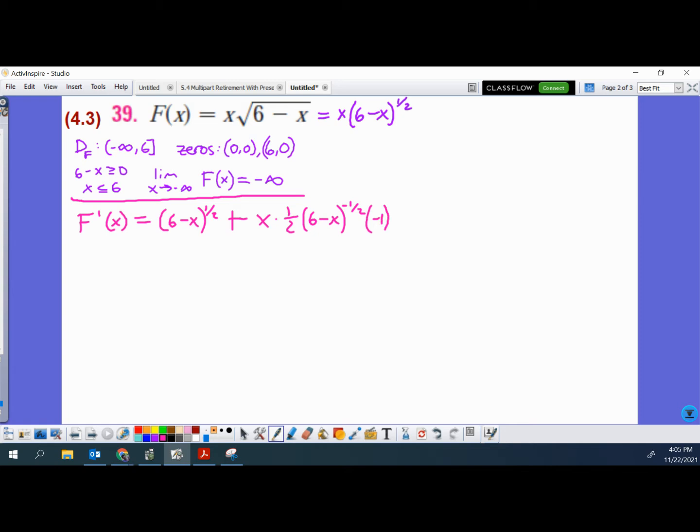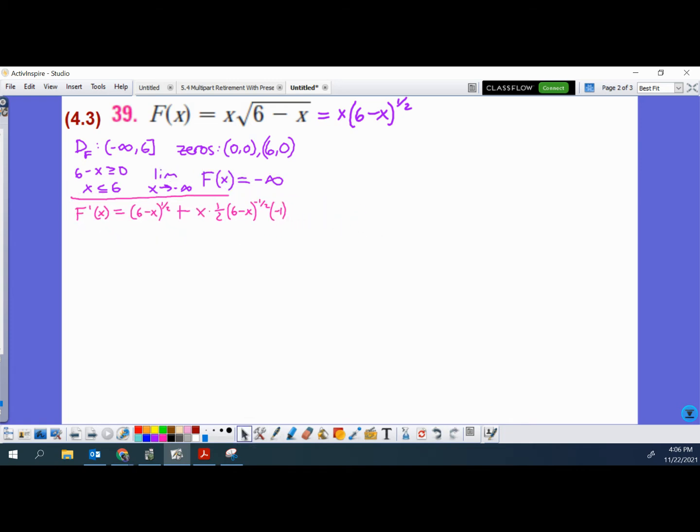Okay. And so I have a negative 1/2 x if I put this out here. I'm going to go ahead and factor this. I'm going to shrink it up a little first here. And what I like to do is I'll factor out the 6 minus x to the negative 1/2 power.